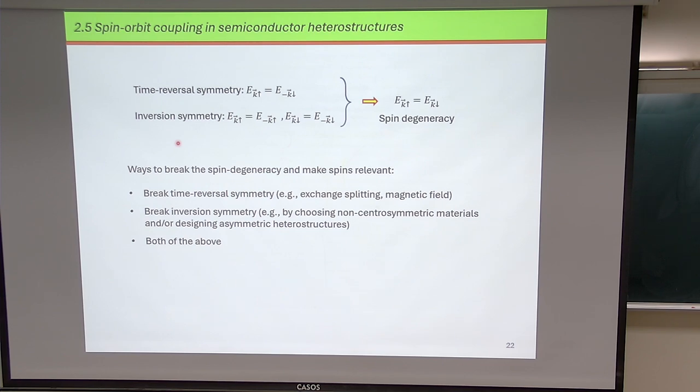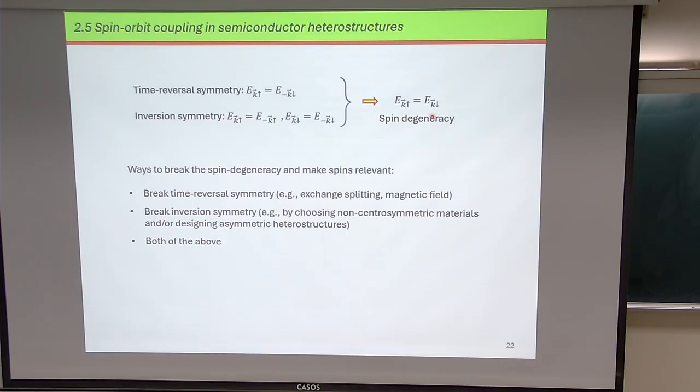Inversion symmetry just changes k to minus k. So if your system has this symmetry, then the energy at k with spin up should be equal to the energy at minus k with spin up, and the energy at k with spin down should be equal to the energy at minus k with spin down. If you combine these two symmetries, substituting this equation in here, you will get that the spectrum must be spin degenerate. So E k up has to be the same as E k down. So the spectrum is degenerate.